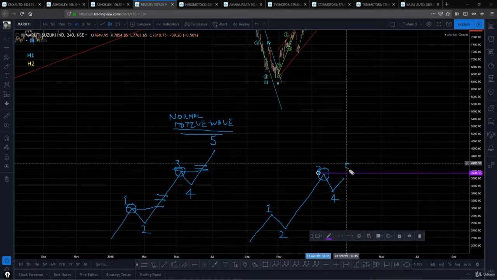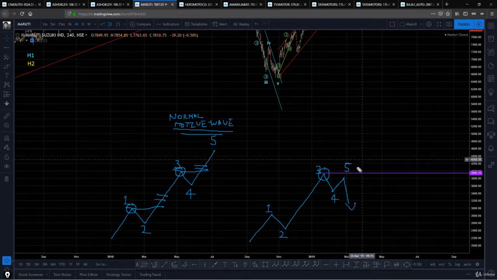So basically wave 5 will end below this line, or the high of wave 3, and then the market will fall down. This can also be said as a failure of the fifth wave to take out the high of the third wave, and hence a truncated wave.